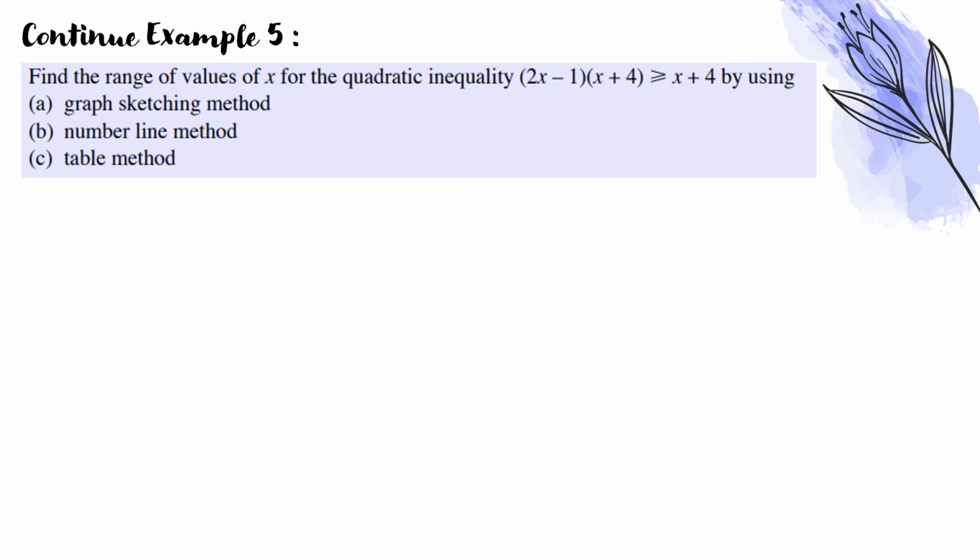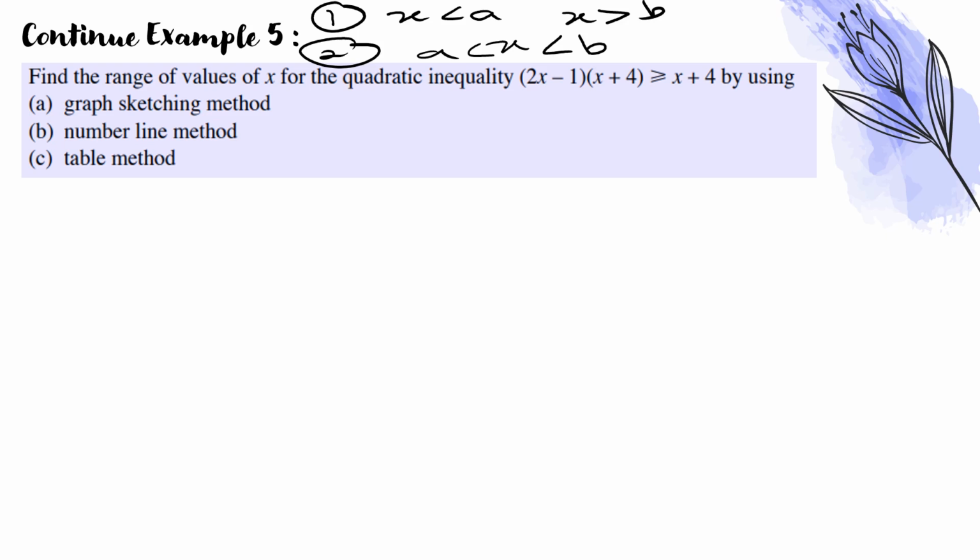Now we move to the last method, which is the table method. For the table method, like before, you need to remember that there are 2 possible ranges for your final answer: the first one, x is less than a and x is more than b, or the second one, x is in between a and b.